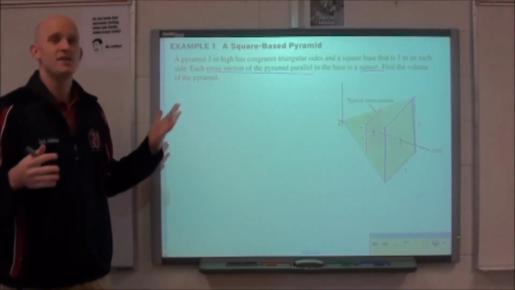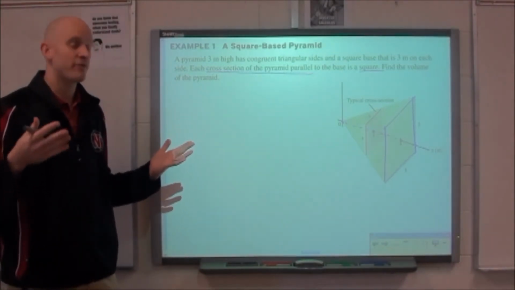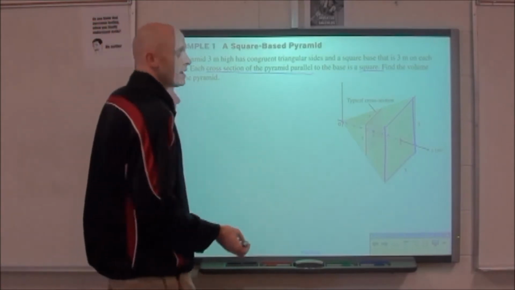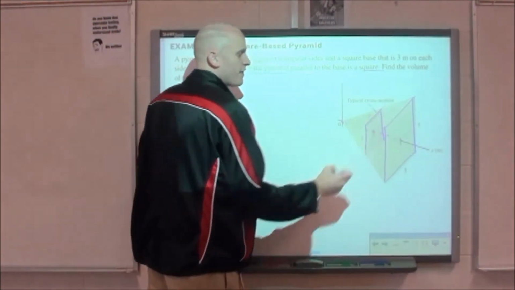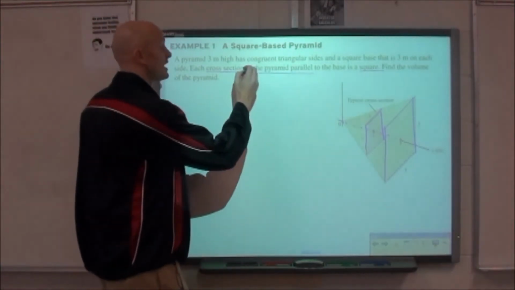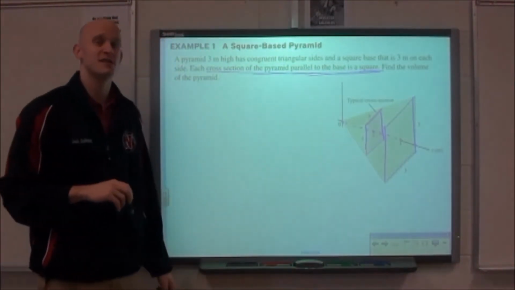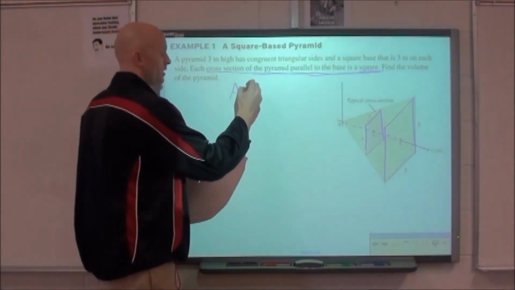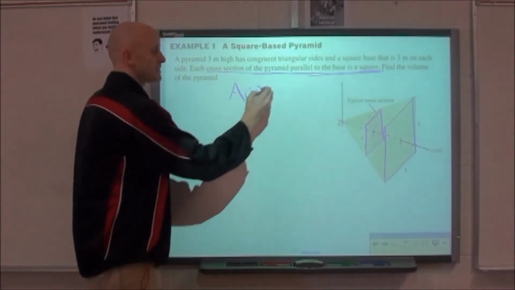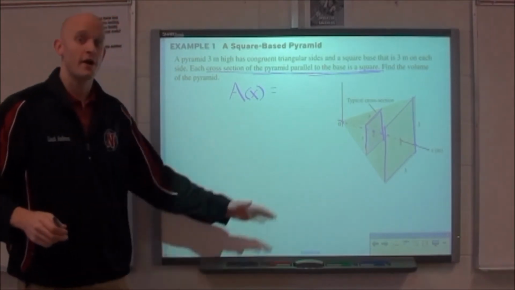Now, we need to decide what type of cross-sections we have. If I look at a cross-section, they are squares, and it actually tells us in this case that the cross-section is a square. So, I know that my area formula for a cross-section is the square formula.